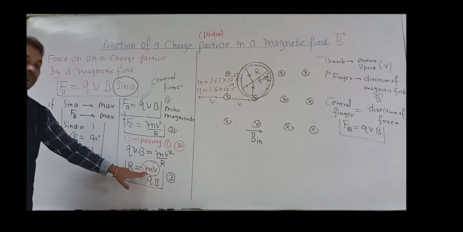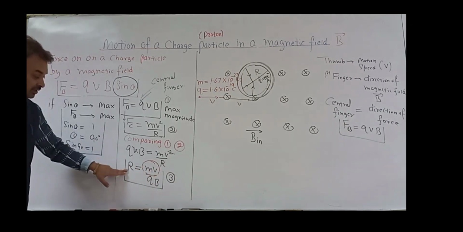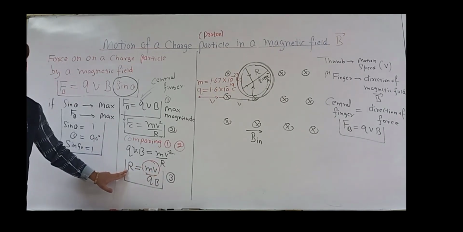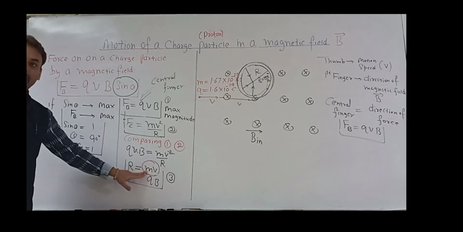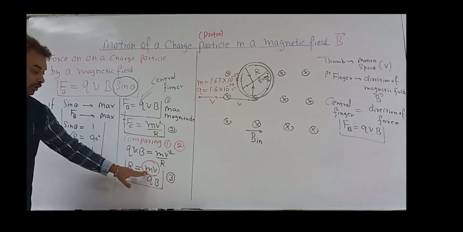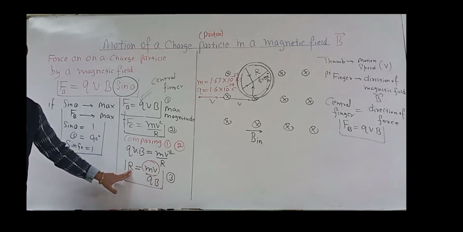Lighter particles with less speed decrease the radius. If we compare the proton with the electron, the mass of the electron is much less than the mass of the proton, so if we use the electron, we will get a small radius.